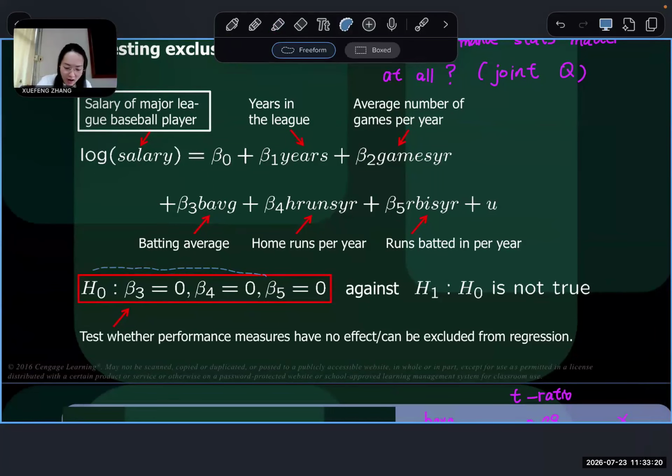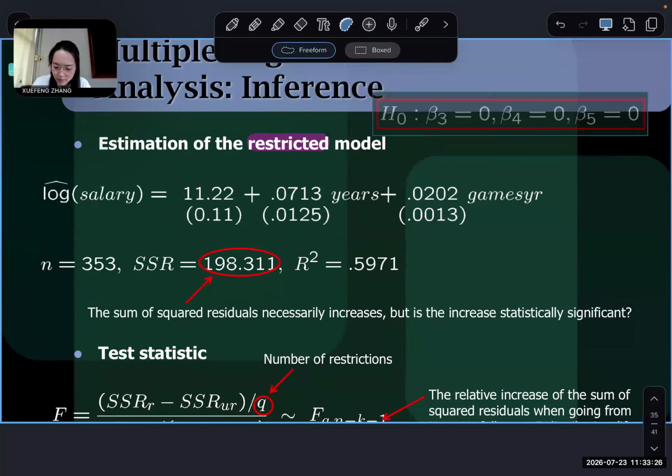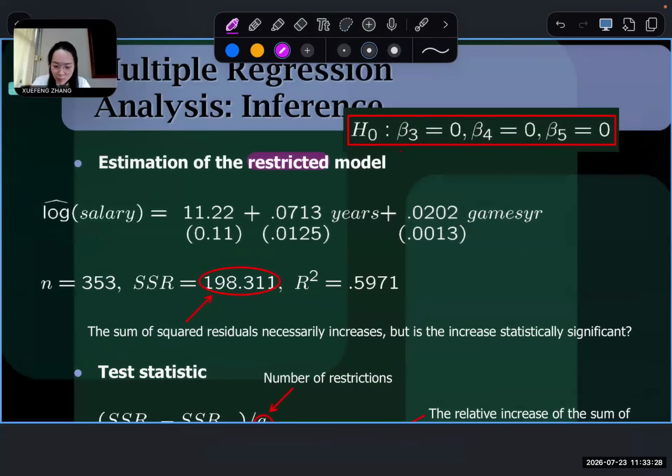Because this is our restriction. Our null hypothesis is our restriction. Let me copy it. We restrict beta 3, beta 4, beta 5 equal to 0. This is the idea.